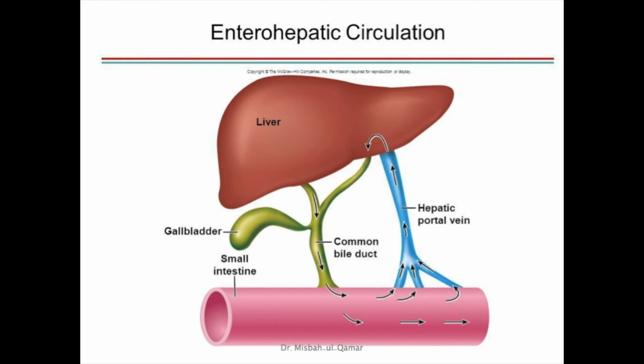Now let's move on to bilirubin. You see, many waste substances are excreted in the bile and eliminated in the feces. One of these is the greenish yellow pigment called bilirubin.